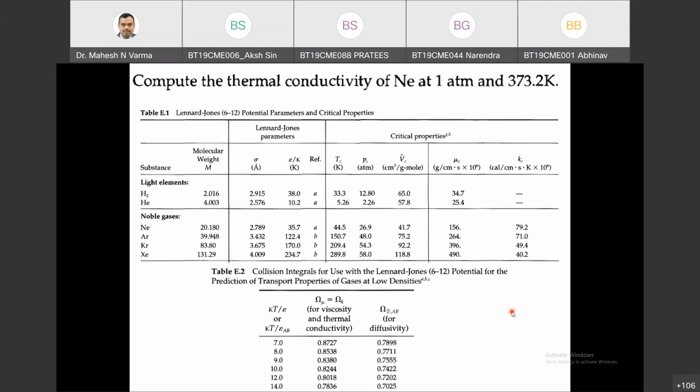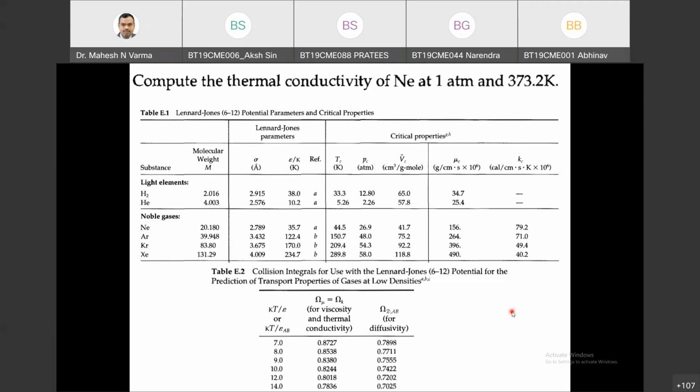And how to get the collision integral value? Using T by K, sir, we can find. What will be the value of collision integral? 0.821, sir.